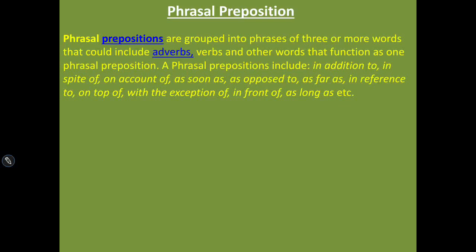Phrasal prepositions include in addition to, in spite of, on account of, as opposed to, as far as, in reference to, on top of, with the exception of, in front of, as long as. You will see that all these prepositions are in a group of more than two words or three.